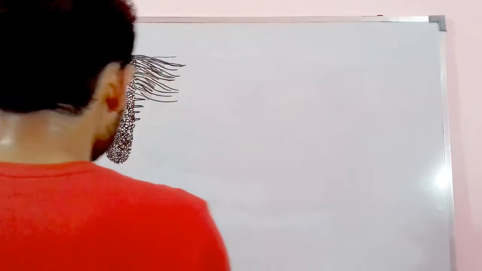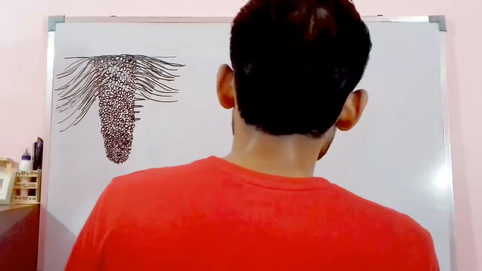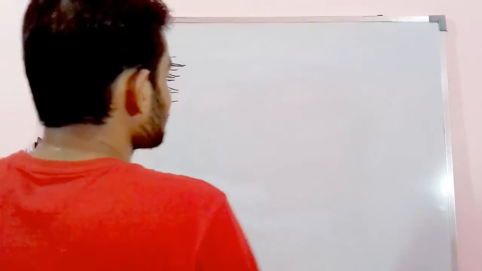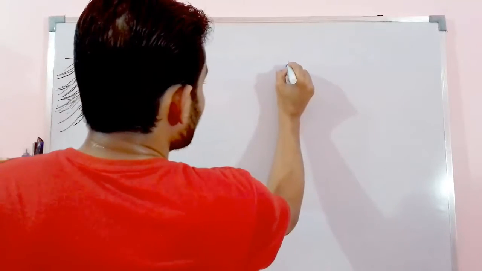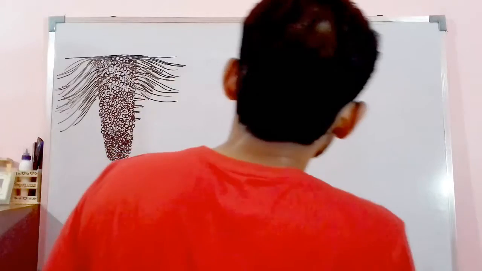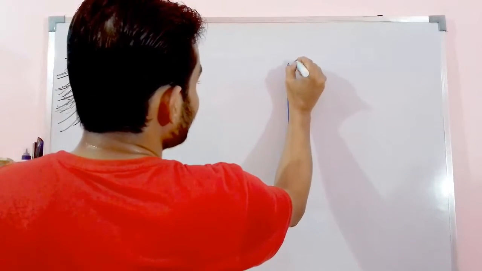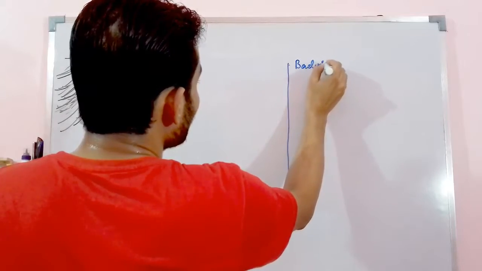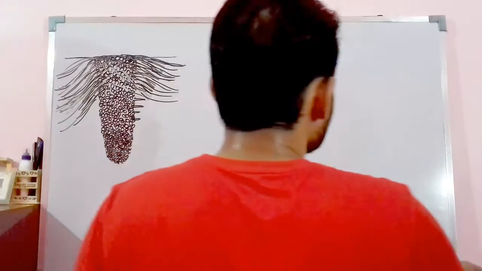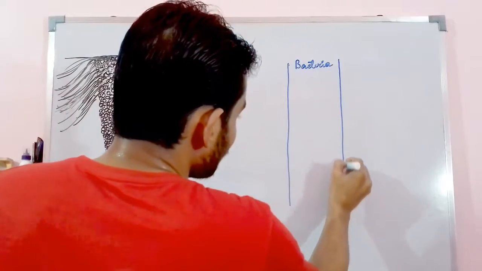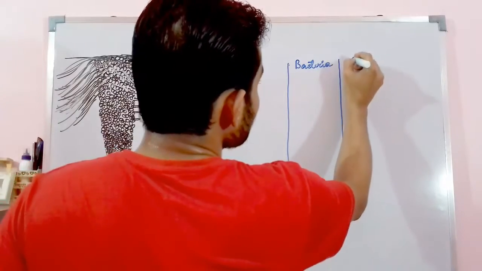Now, let me draw a few columns. It would be easier to depict them. In the first column, let me write the bacteria. Now, in the second column, let me write soil.